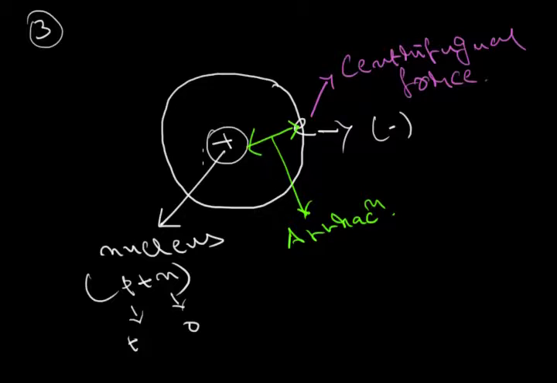The centrifugal force generated due to revolution of the electron around the nucleus is balanced by the attraction force between nucleus and electron. So, 3 basic points are there in Rutherford's model.